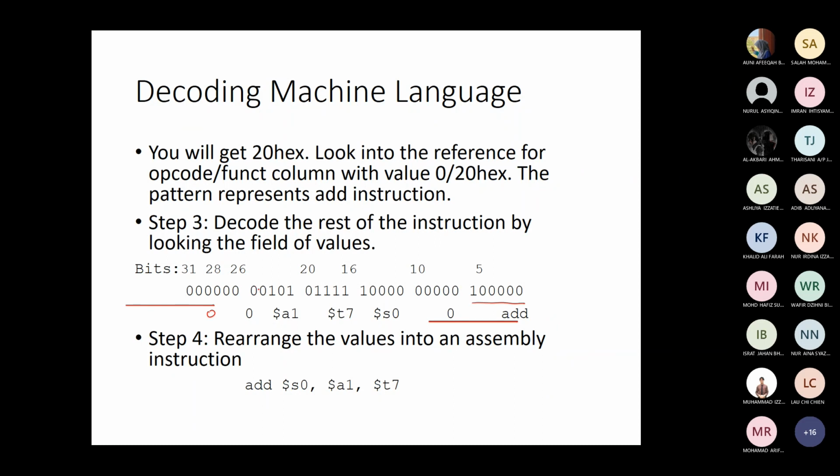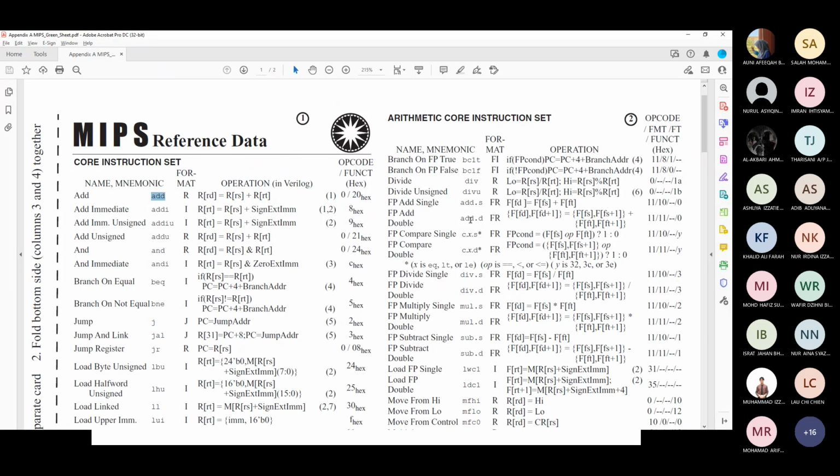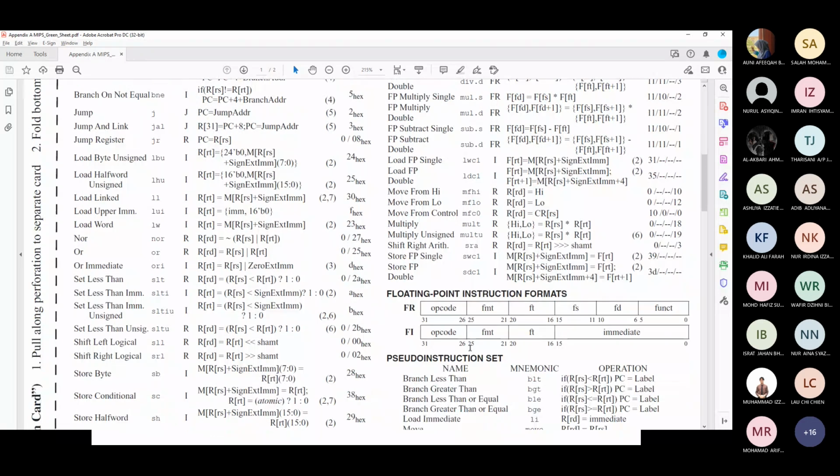And then convert the registers here. So this is RS, RT, RD, and then this is the shift amount. The shift amount is always 0, and then this is RS. RS is 5. So what is 5? Look at register 5.